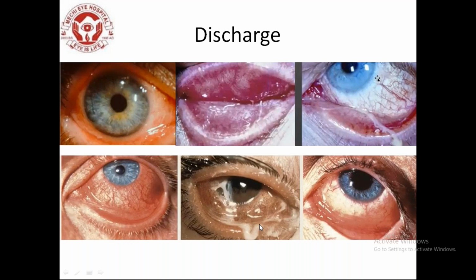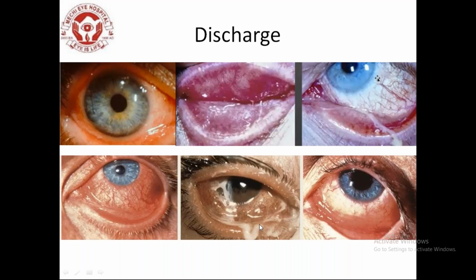The top figures are sectoral localized congestions, and on the below figure, this one is the diffuse congestion, and the right one is the circumcorneal congestion. The circumcorneal congestion signifies a serious disease, usually of anterior chamber origin, like acute glaucoma or acute iridocyclitis or endophthalmitis.